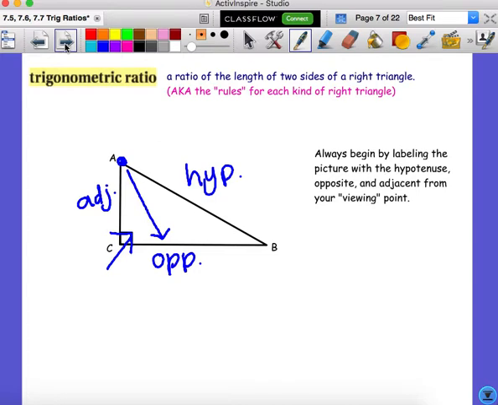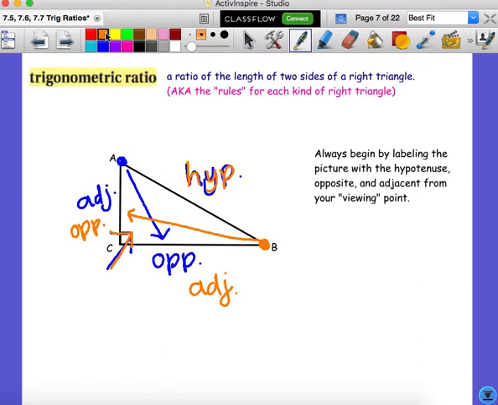So that's why we label that first. Now, if we switch our viewing point to where we're looking from B, remember that our hypotenuse never moves, so this is still the hypotenuse, but now my opposite is over here, and my adjacent is here.